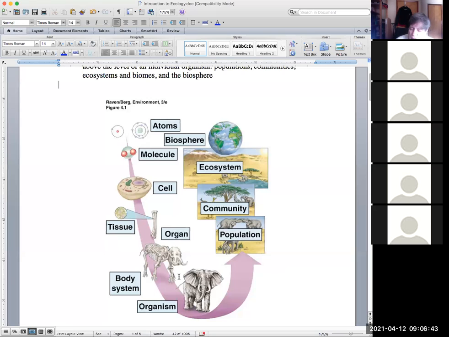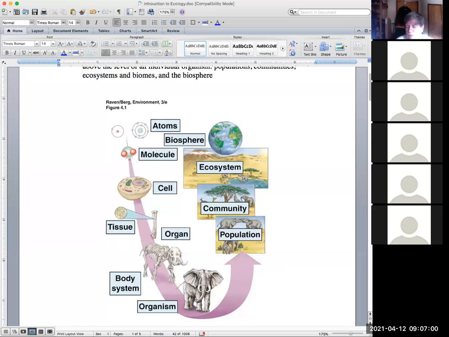So we really start at the organism level and we work our way up. So when we're talking about ecology, we're not usually focusing on cells or biochemistry or individual organs.